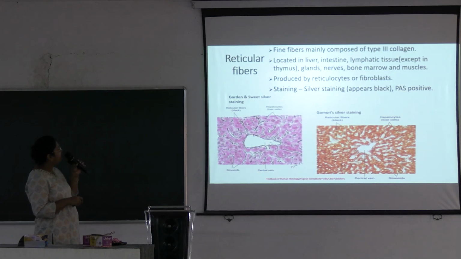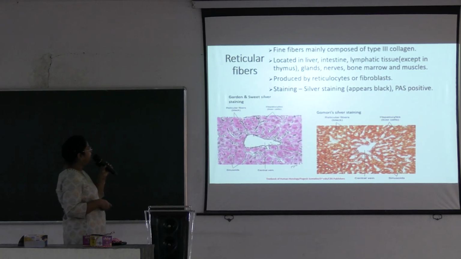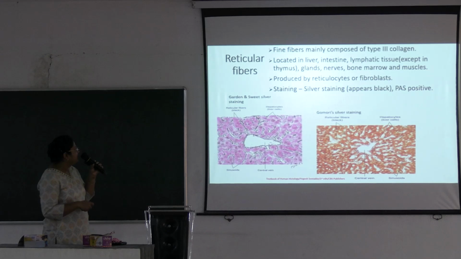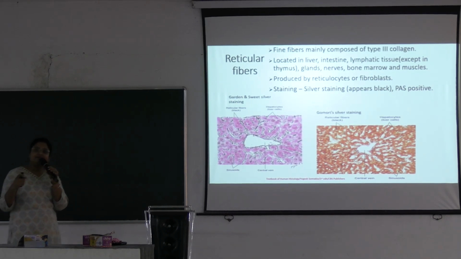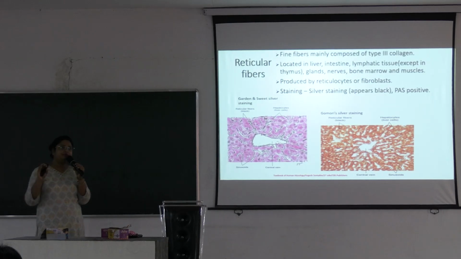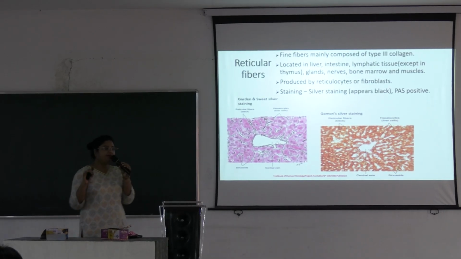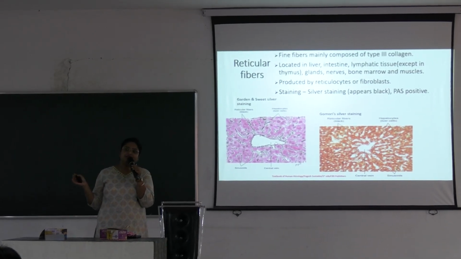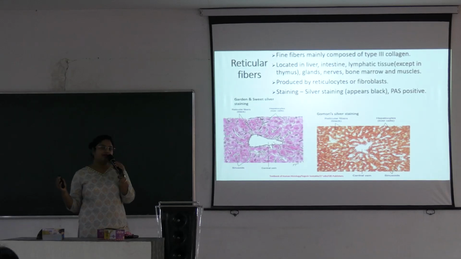This is Gordon and Sweet silver staining. With silver staining, the reticular fiber is stained black. Okay, previously I showed you that you have to draw with black pencil because it stains black with silver staining. You remember this. Reticular fiber special staining is silver staining and it stains black.